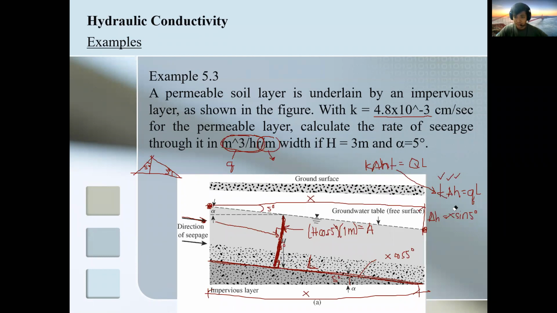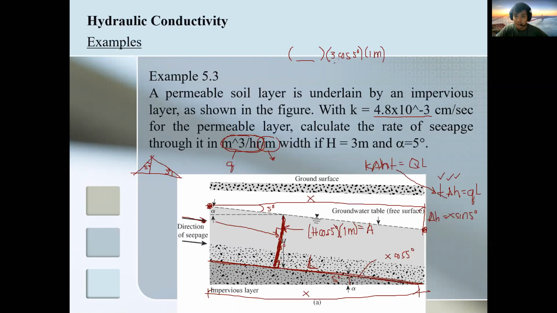And then H is X sine 5 degrees. So ako lang isuwat diri para makita. Okay, one space. So ako lang ibutang diri the K, whichever is your conversion, times A, that's 3 cosine 5 degrees times 1 meter.